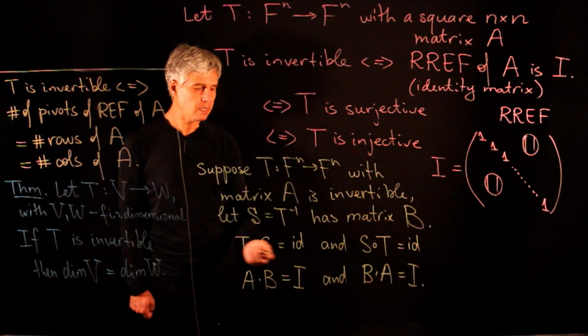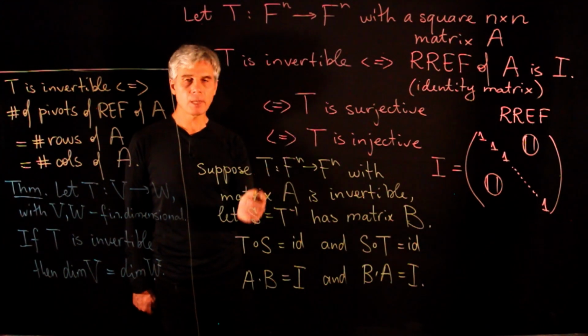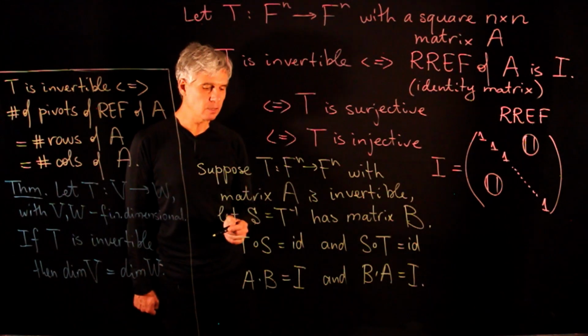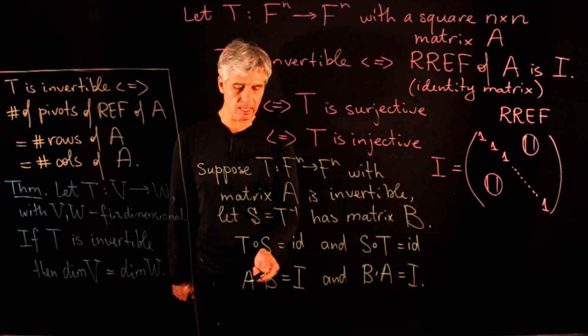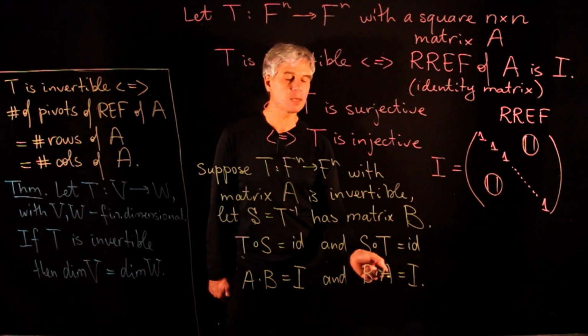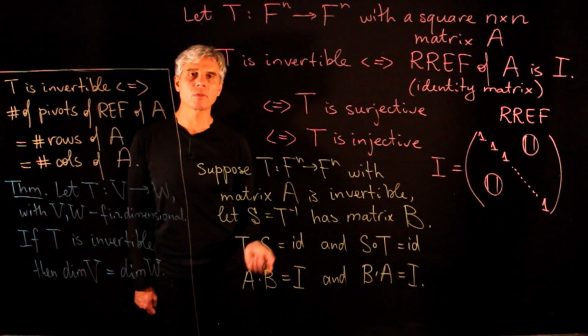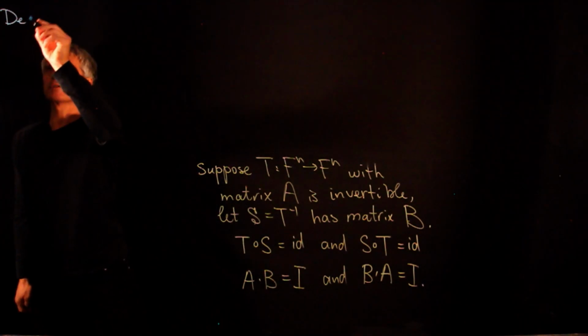So what we see is that the fact that a pair of transformations S and T are inverses of each other is equivalent to saying that A times B is identity and B times A is identity. So this motivates the following definition of an inverse matrix.